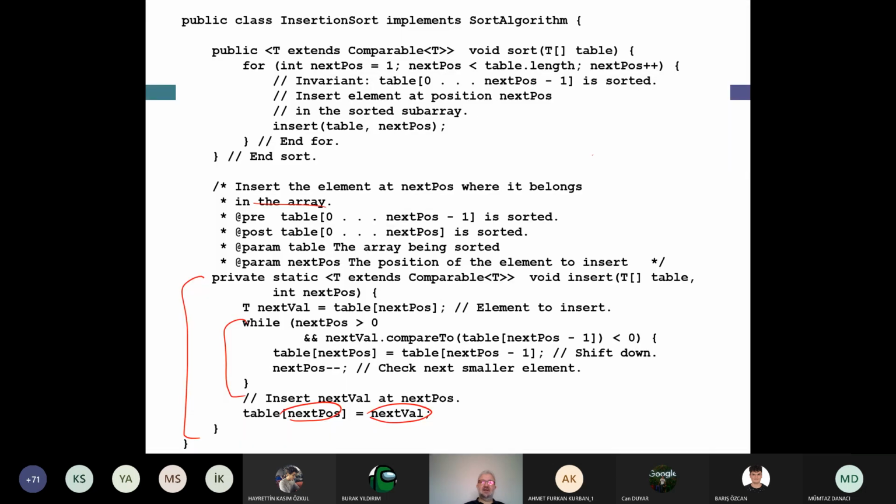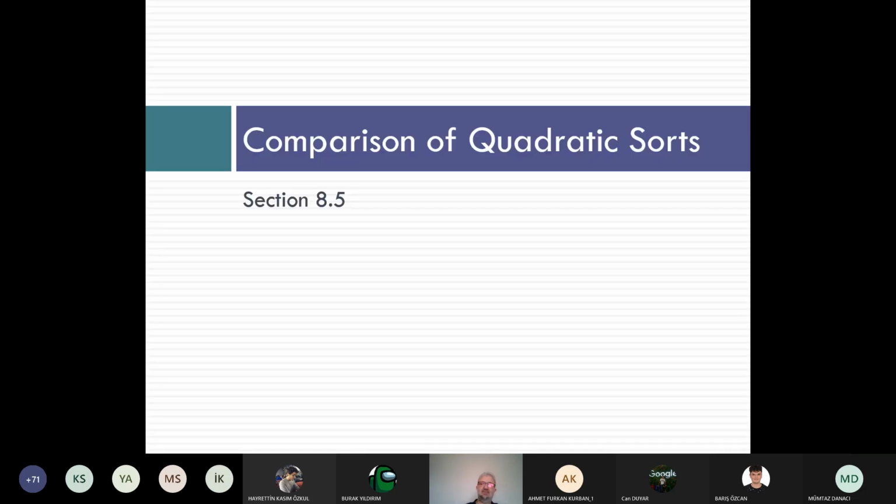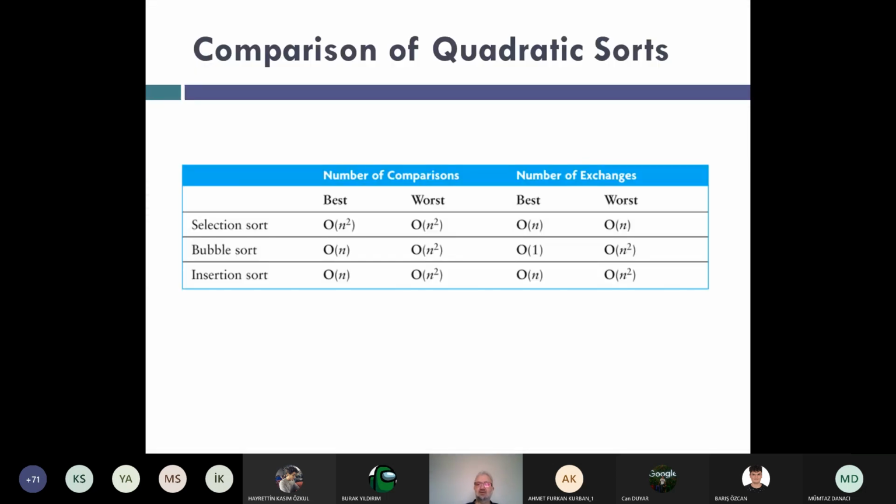So this is the end of discussion about insertion sort. We can compare all these quadratic sort algorithms as in here. You should consider all these to be theta instead of big O, right?